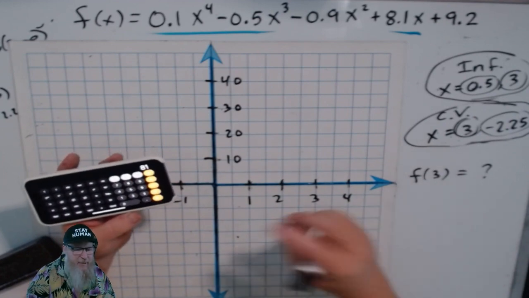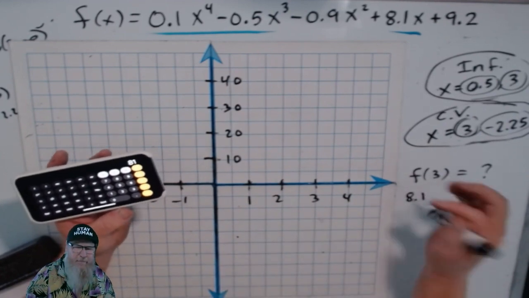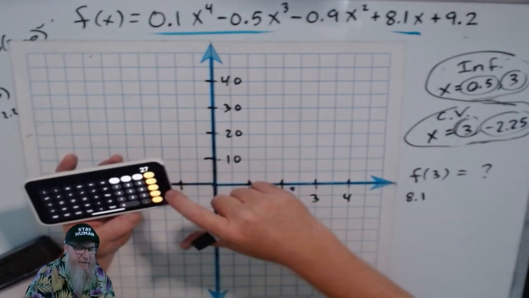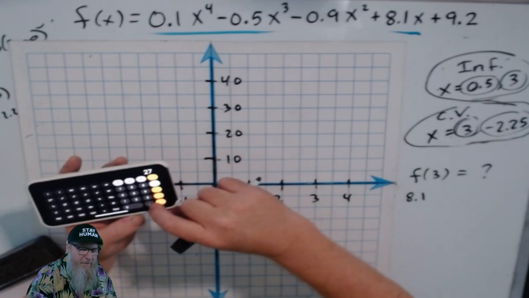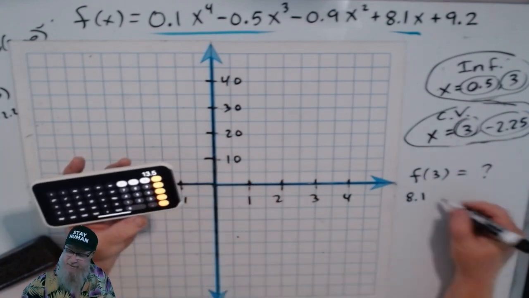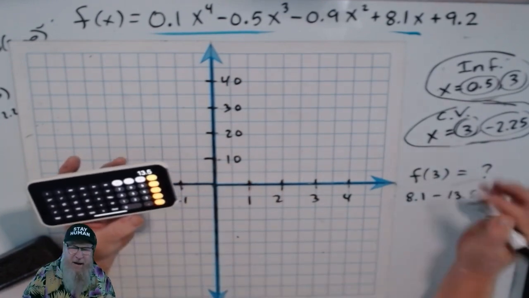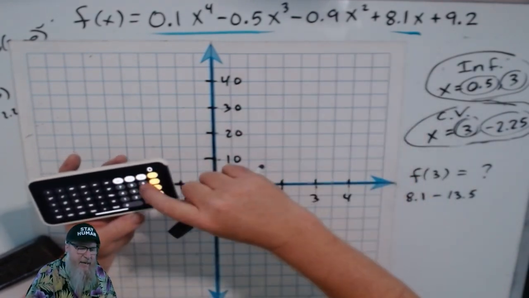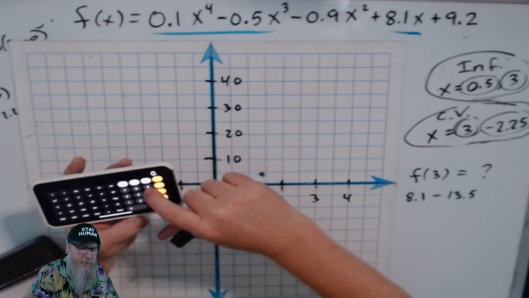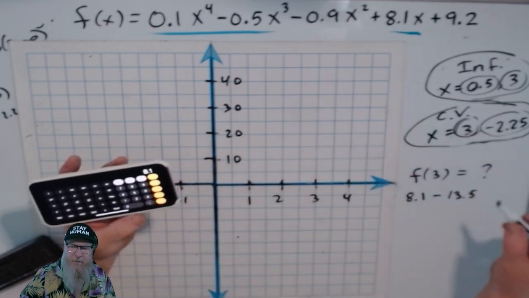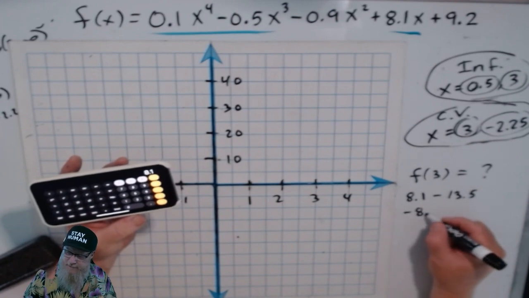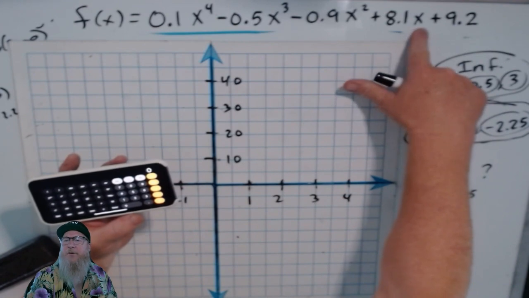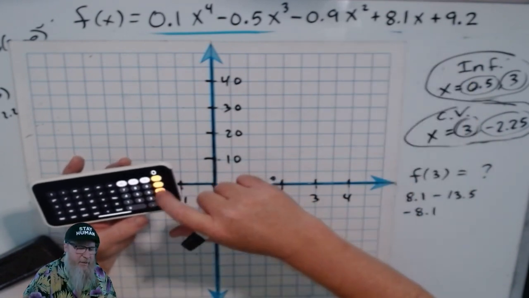So that's going to be 8.1. 3 to the 3rd power is 27 times 0.5. That's minus 13.5. 3 to the 2nd power is 9. 9 times 0.9 is 8.1 again. 3 is just 3, and then 3 times 8.1.